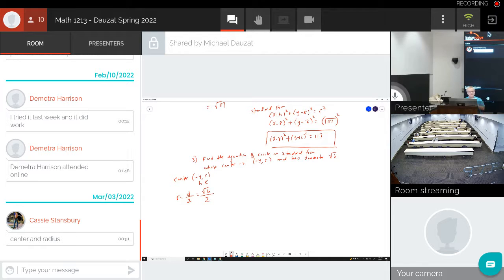All right, so now we're going to substitute into the formula. X minus h squared plus y minus k squared equals r squared. So I get x minus h, what's h? -4 squared plus y minus k, what's k? 5 squared equal, now what's the radius?